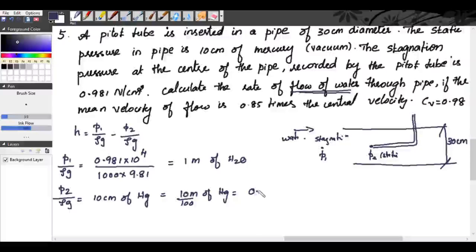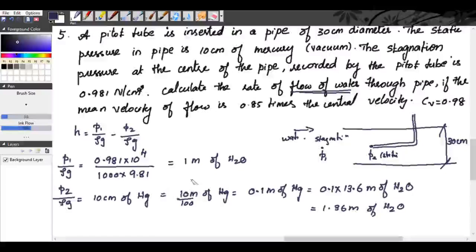That is 0.1 meter of mercury. That is nothing but 0.1 into 13.6 meter of water. So that is equal to 1.36 meter of water.